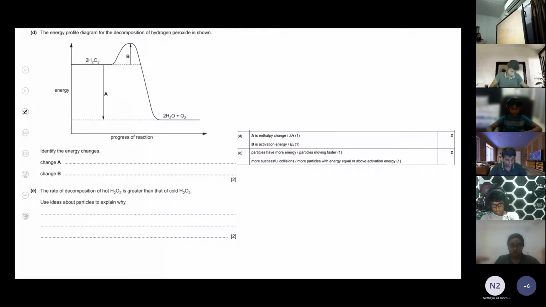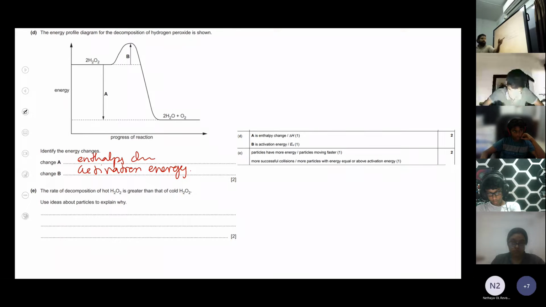Next one. Identify the energy changes. I saw most of you have done it nicely. This is the enthalpy change, right? And this is the activation energy. The rate of decomposition of hot hydrogen peroxide is greater. Particles have more energy, moving faster, more successful collisions. Particles with energy equal to or above the activation energy.